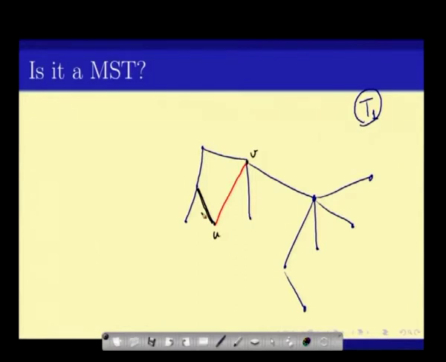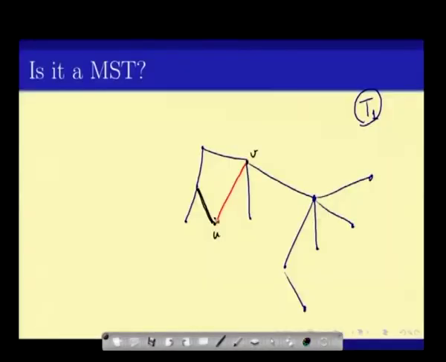But that cannot be, because if it is smaller weight, then I can add this red edge and remove this black edge, and then I will get a spanning tree which has smaller weight than T1. So, that cannot happen. In other words, we can prove that if I have a spanning tree, it will match this Prim's algorithm perfectly. That shows that Prim's algorithm will indeed output a minimum spanning tree.